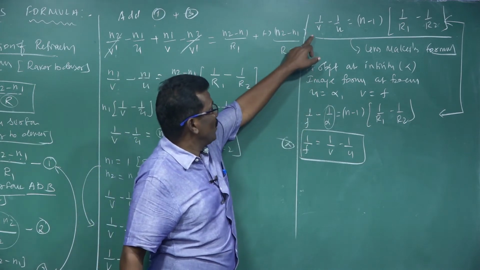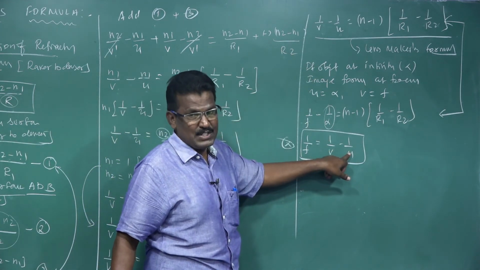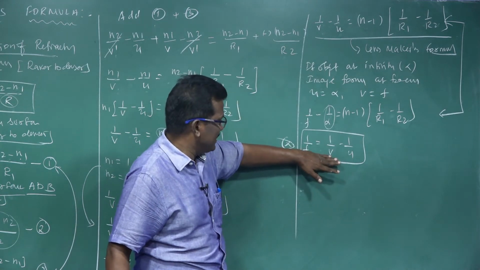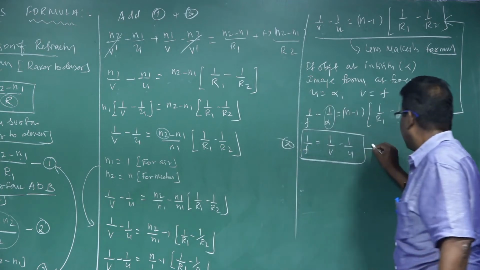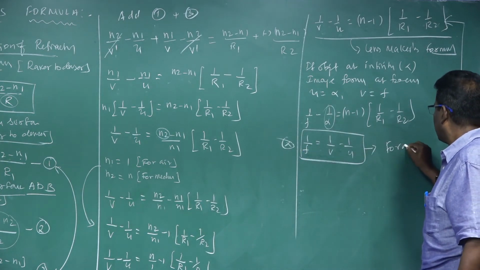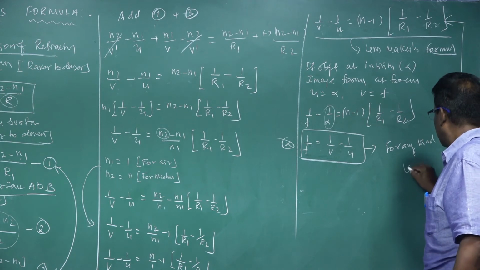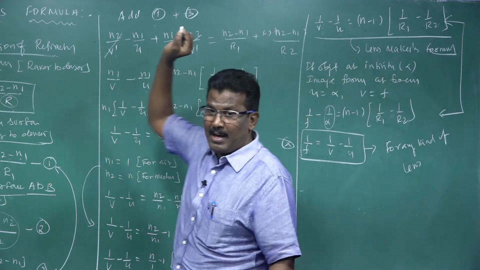This is the lens formula, and it is valid for any kind of lens, either convex or concave. So the lens maker formula and the lens formula are related.